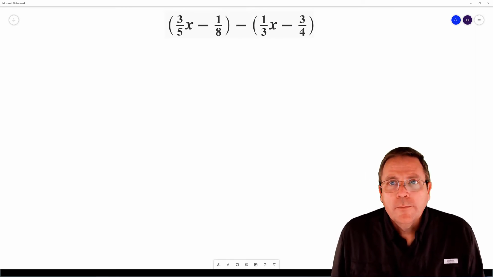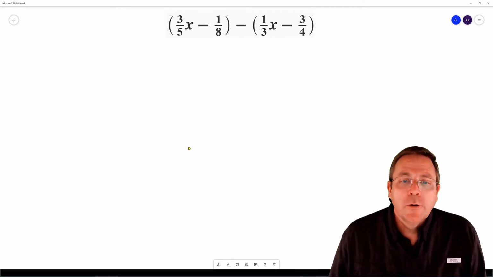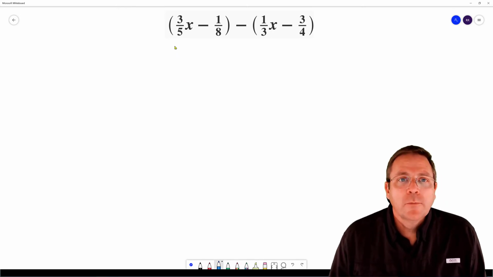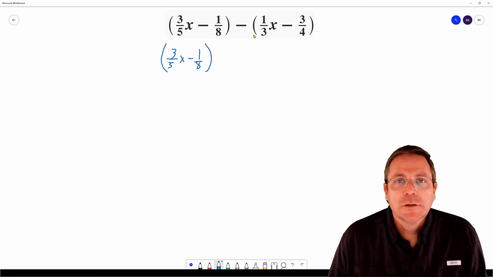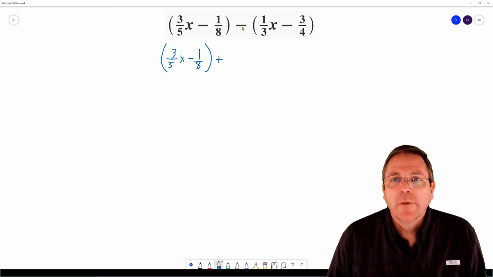How'd it go for you? Well, let's see what I'm going to do. I'm going to start off by writing the first binomial, which is going to be 3/5 x minus 1/8. The first one never changes. The minus sign can become a plus sign, and then I'm going to distribute that minus through my grouping symbols. A negative times a positive, that's going to give me a negative 1/3 x.